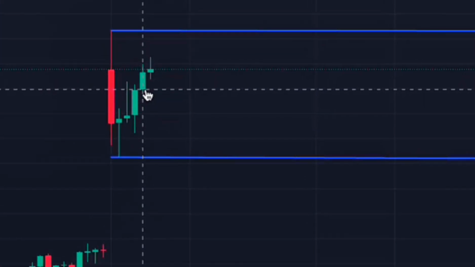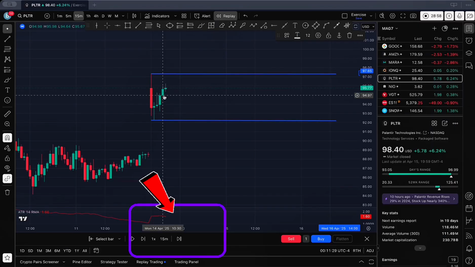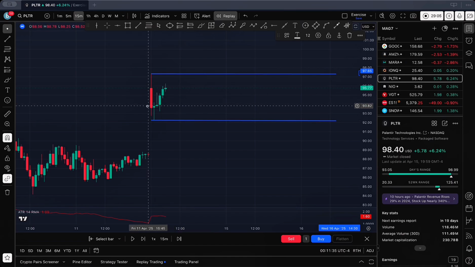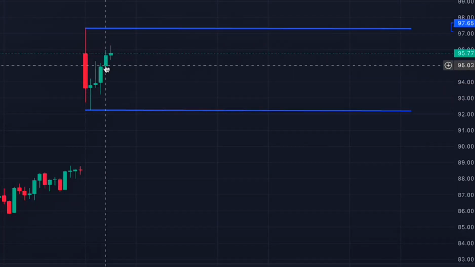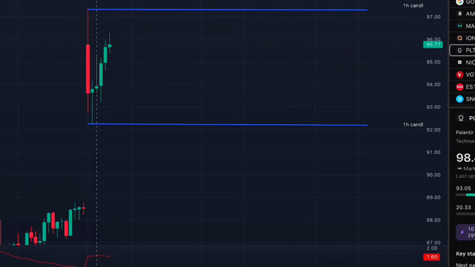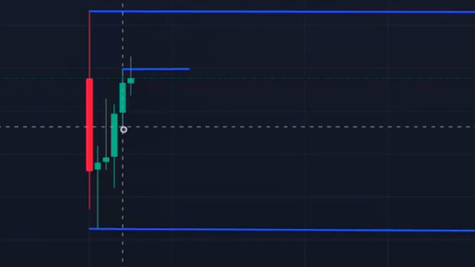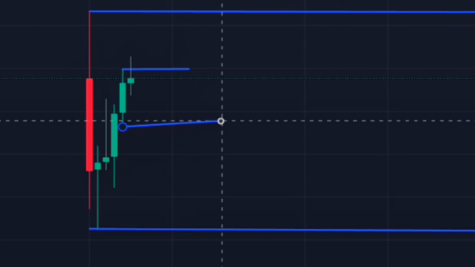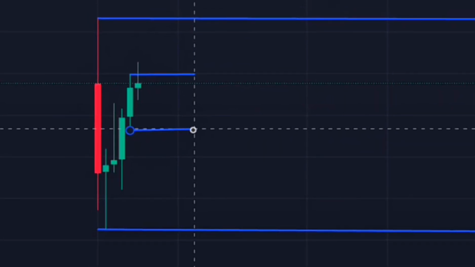This candle here, as you can see down there at the x-axis, was printed at 10:30 after the previous 1 hour, right? This one opened here. For this, we're gonna mark that one too. We're gonna put the high of this candle here and the low of the candle.